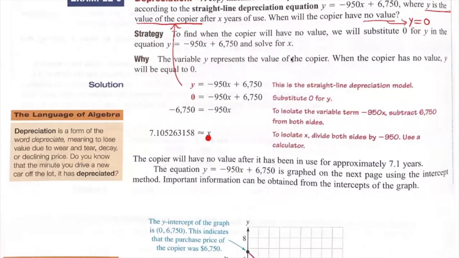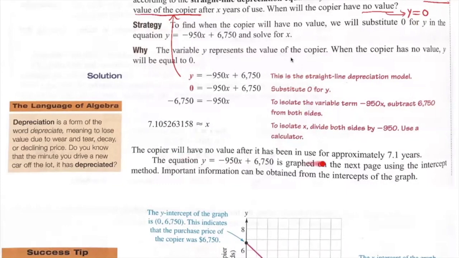So we get x is about this number. If I only keep one decimal place, that's about 7.1. Remember, for a word problem, the last step is to write a complete sentence. The copier will have no value after it has been in use for approximately 7.1 years. So that answers the question.